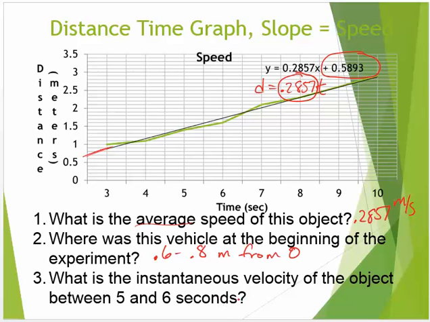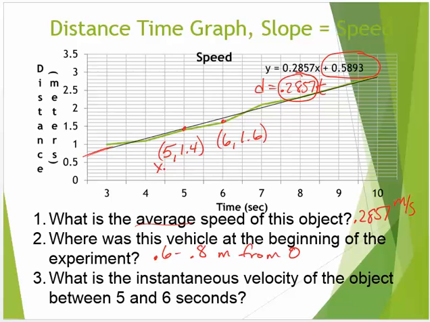Let's go back to the question here now. What is the instantaneous velocity of the object between 5 and 6 seconds? Well, to do that, I'm going to find ordered pairs. This would be 5 and about 1.4. And this right here is going to be 6 and about 1.6.